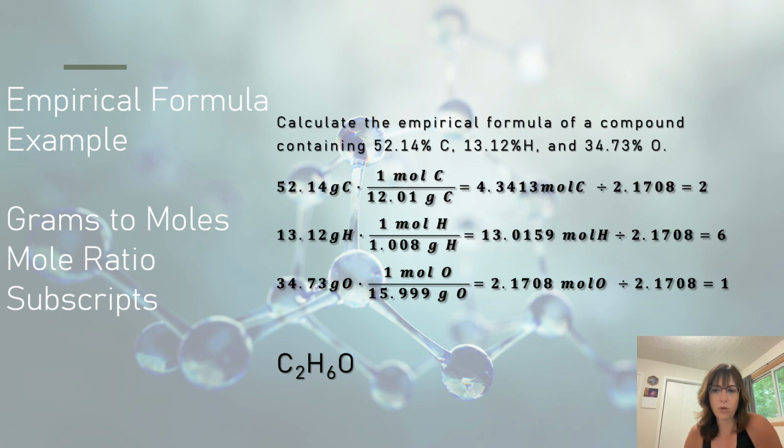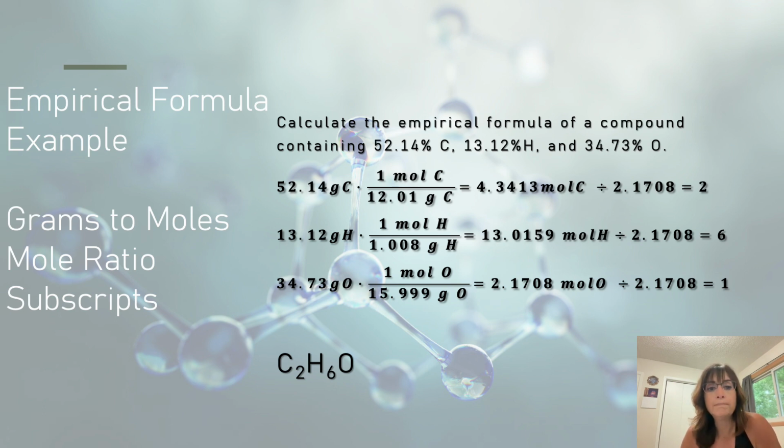Please do the math yourself, and you'll see that you really don't get 2, you get something like 1.9998. That's okay, you can round that to 2. And 6 was really more like 5.9999. So go ahead and double check that on your own. So number 1, mass to moles. Number 2, mole ratio. Number 3, those are your subscripts.